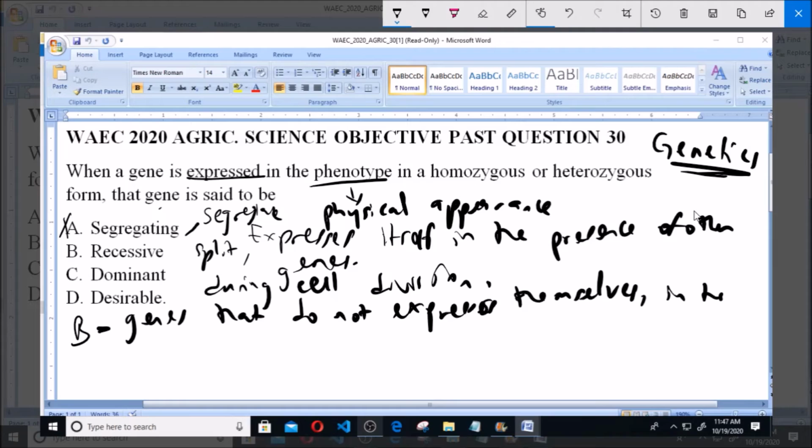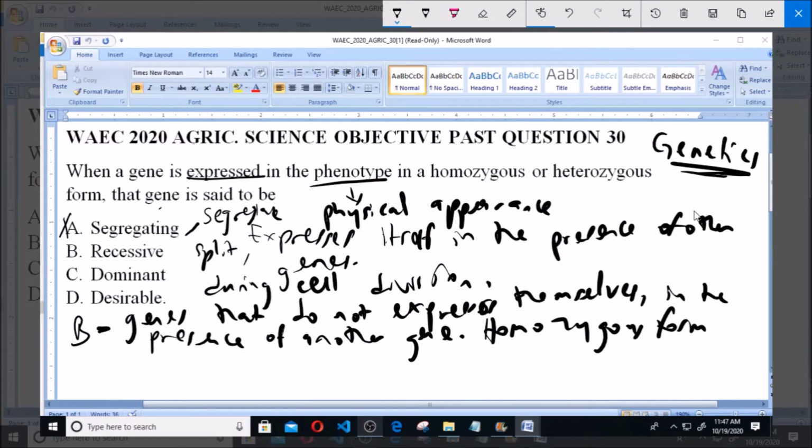Another thing to note about a recessive gene is that it is only expressed in homozygous form, that is, when the genes occur in pairs. So a gene that only expresses itself when it is paired with a gene that is the same as itself is called a recessive gene.